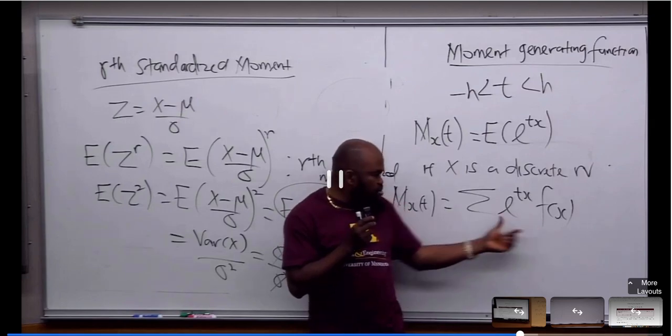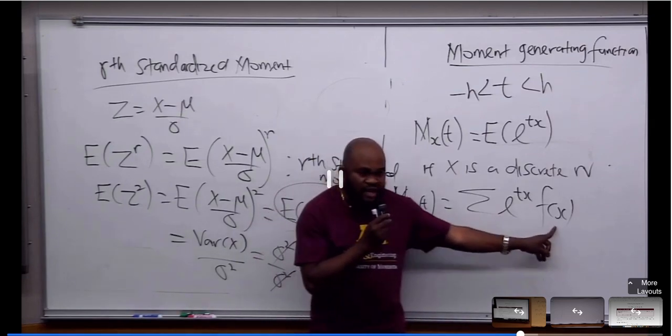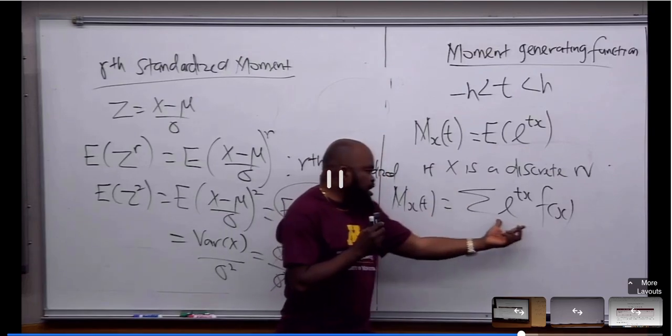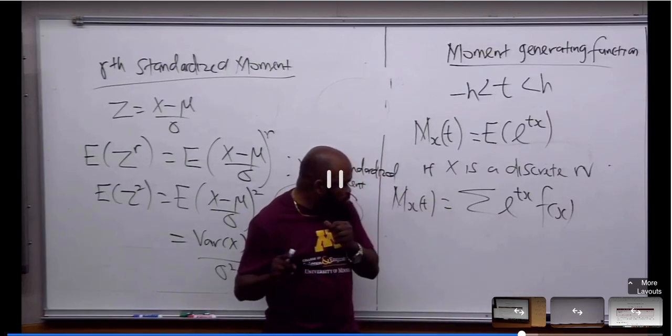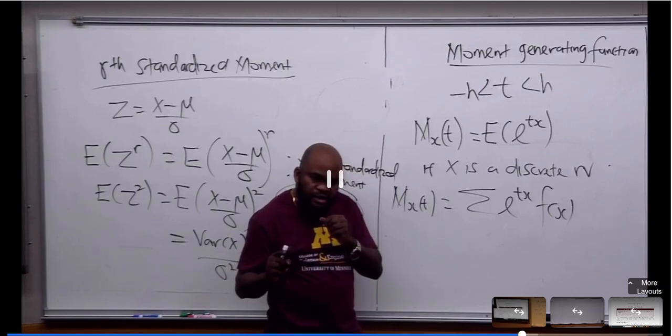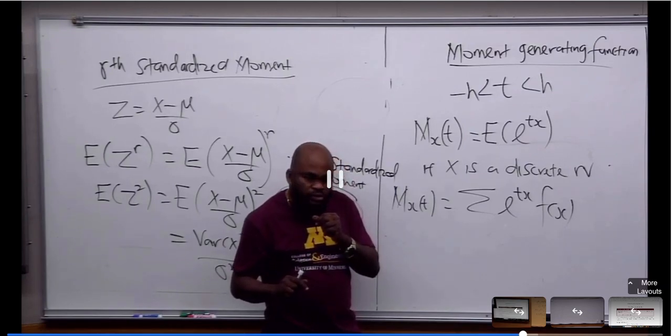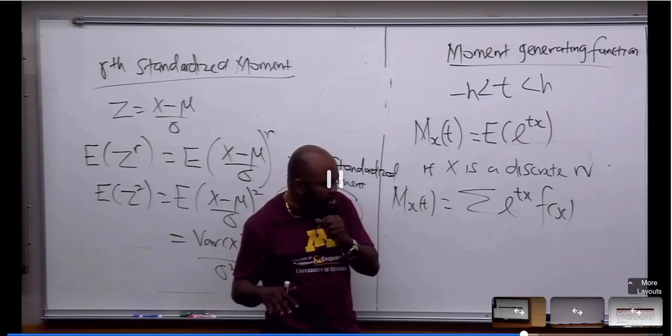Does that make sense? Now, when you take a look at this, I want to do something. What is the zero moment? If you derive a moment generating function from a given probability distribution and you want to know whether you are right, you know what you're going to do?